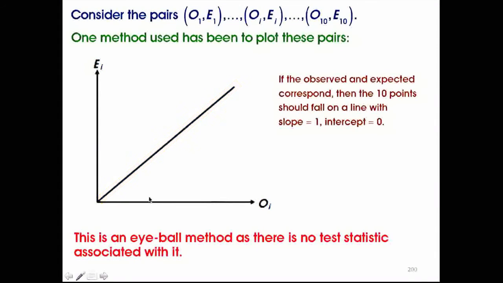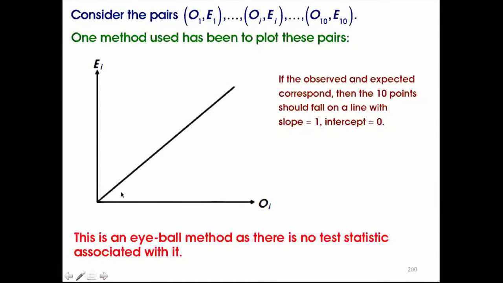Now let's say, for example, that when you plotted these 10 points, the points went along pretty well, and then they drifted away from this 45-degree line in a manner like this. Then you would be able to say that the model was tending to produce probabilities that were too low, because the observed number of events was larger than the number of events estimated by the model.